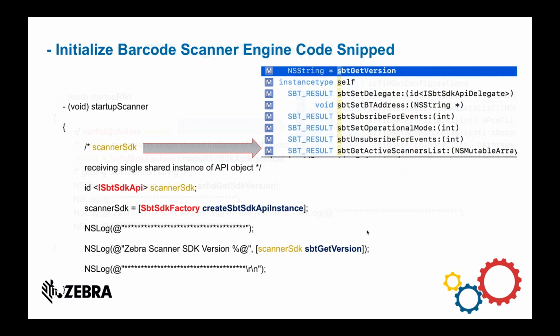In the next slide, I will show you a code snippet for how to initialize the barcode scanner. Again, you need to use the ISBT SDK API protocol to create it, then use the factory function and its method to create a unique scanner handle ID. Once you create this scanner SDK handle ID, you can access all barcode scanner API resources.